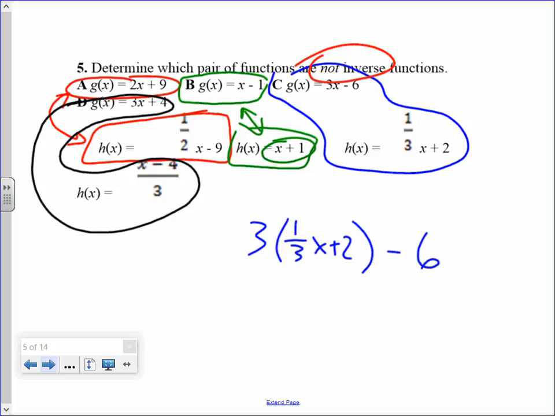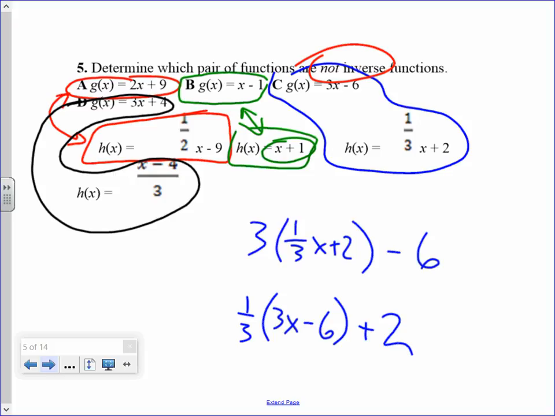If you do it the other way, and you do the 1/3, and then the 3x minus 6 inside, and then the plus 2 on the outside, you get 3 times 1/3, which is just 1x, minus 2 plus 2. The 2 and the minus 2 cancel out, and you're still left with just x.